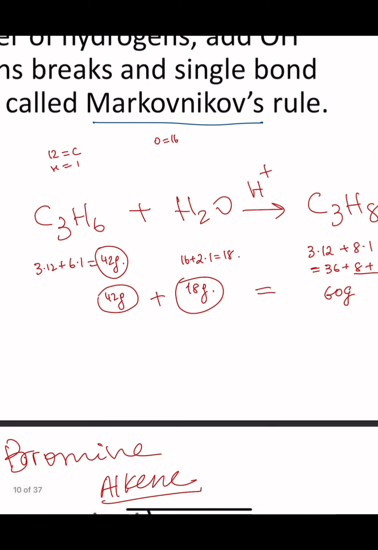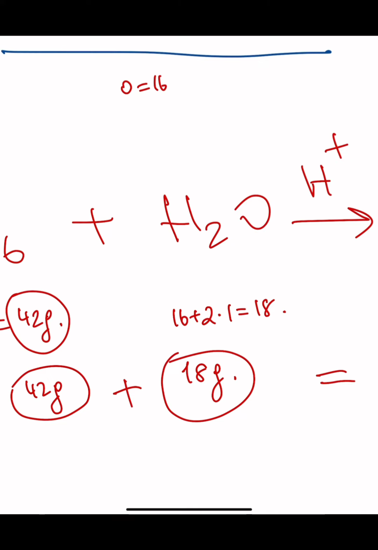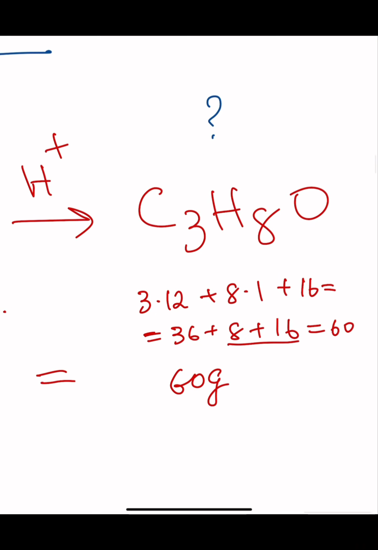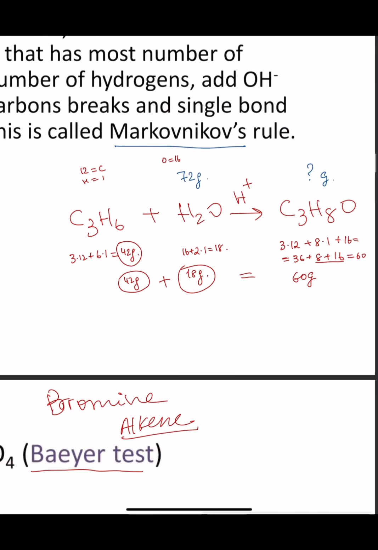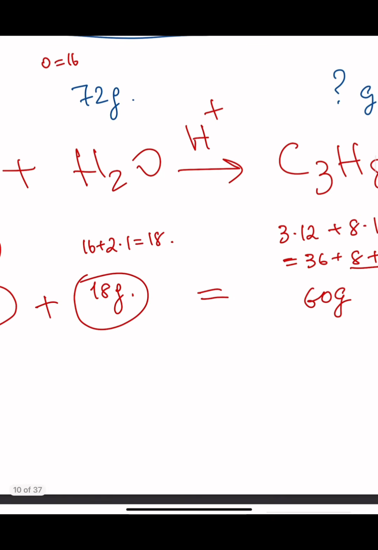And if I tell you that I'm going to be using, for example, 72 grams of water, and I ask you how many grams of alcohol is made, you say, okay, now I see that for 18 grams I got 60 grams. How about for 72 grams?